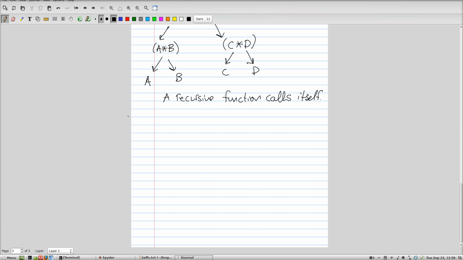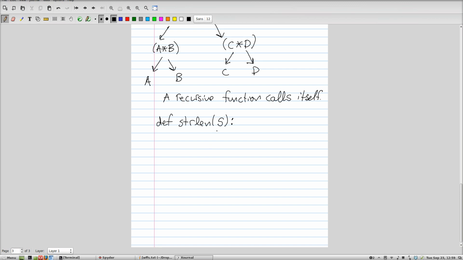let's write it in Python. And let's let it be just the length of a string. And of course Python can do this in one line, so there's no reason to write this function, but just to illustrate things. So I want to write a recursive function to figure out the length of the string s.